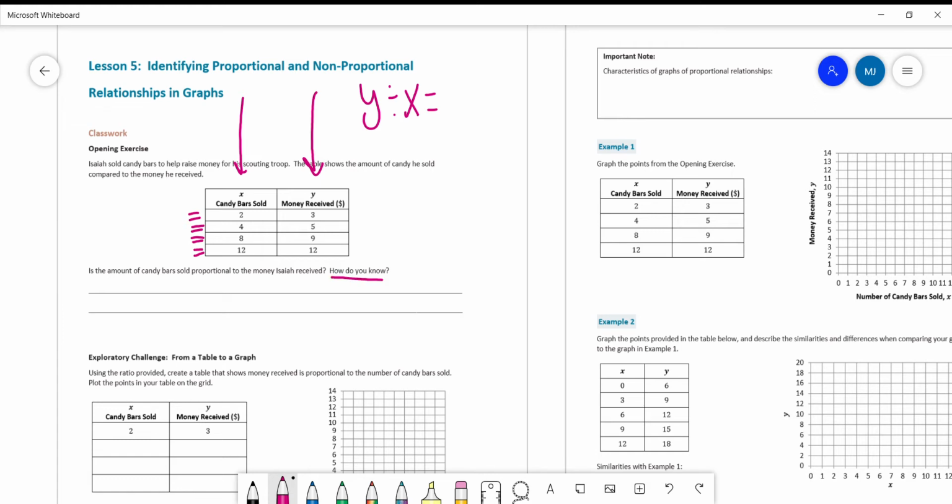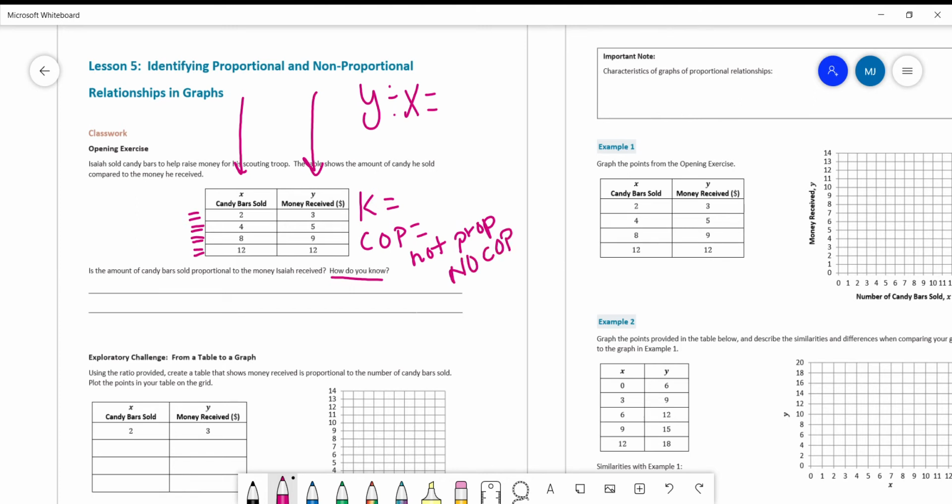So explain. And remember, we talked about explaining, such as putting K equals a value, or COP in a value, or even making a sentence that would say each candy bar is whatever number of dollars it is. Or if it's not proportional, just putting not prop, no constant of proportionality.